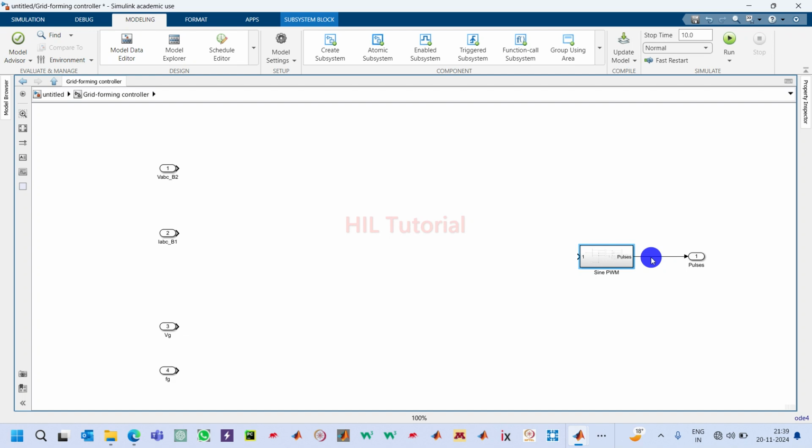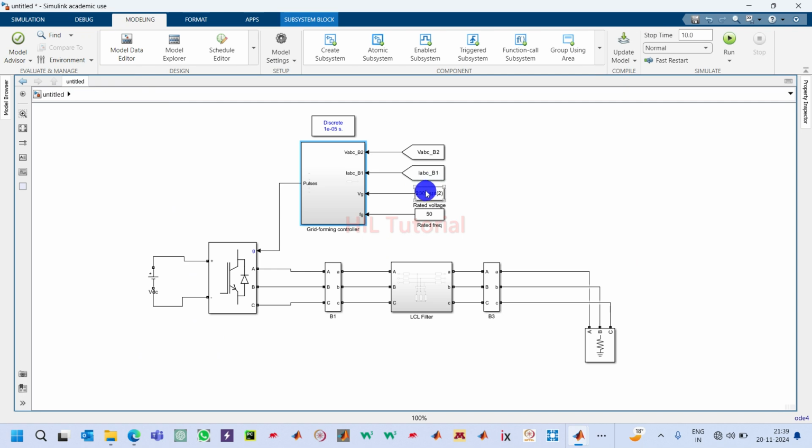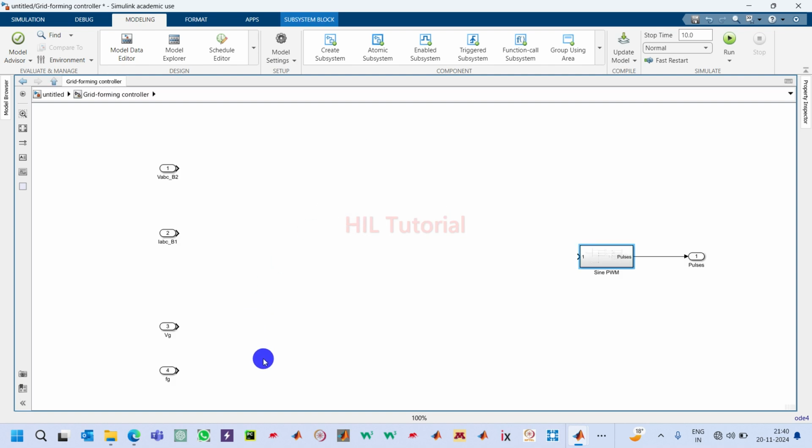In a grid forming inverter, one more thing we will require is the reference voltage and frequency generator. The reference voltage we will get from here. You can see we have already given the reference frequency, but we cannot directly apply this frequency to the controller. We have to do some arrangement, meaning it should be a repeating sequence.